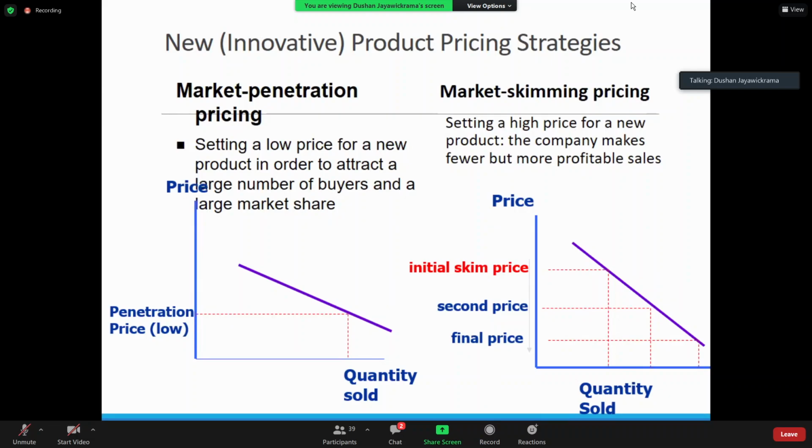What it means is that you charge a high price initially, and gradually you can bring the price down, simply because the product seems to have some uniqueness in its initial stage. Less competition, others are not offering something similar, so you are at an advantage to charge a high price.